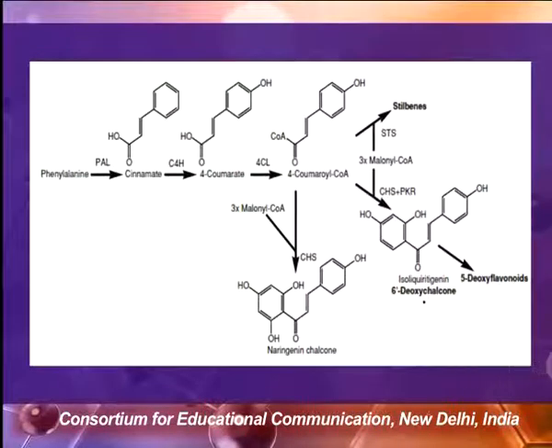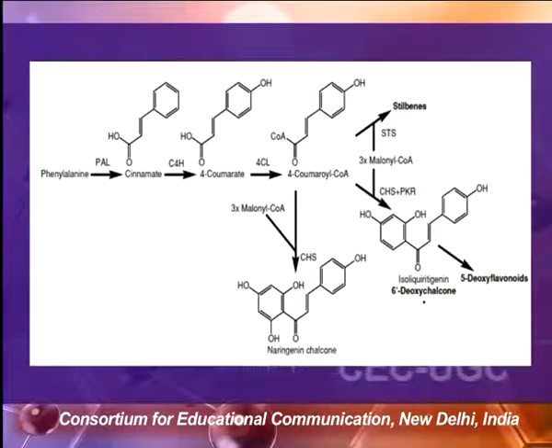Up till now, this is a brief summary of what we have discussed in the biosynthesis of flavonoids, starting with phenylalanine acted upon by ammonia lyase enzyme, giving rise to cinnamic acid, 4-coumarate acted upon by 4-hydroxylase enzyme, then 4-coumaryl-CoA is formed. 4-coumaryl-CoA is the main branching point.